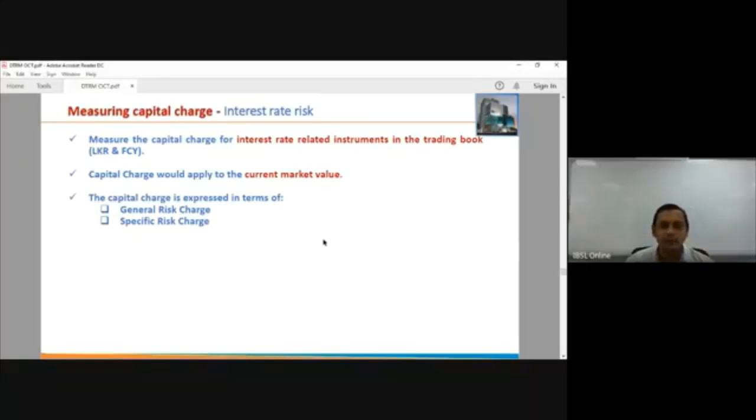This specific risk charge is different for those two instruments. So you apply a certain method to compute specific risk charge for a government-issued instrument, and you have to apply a different method to compute specific risk charge for a corporate debenture, right?